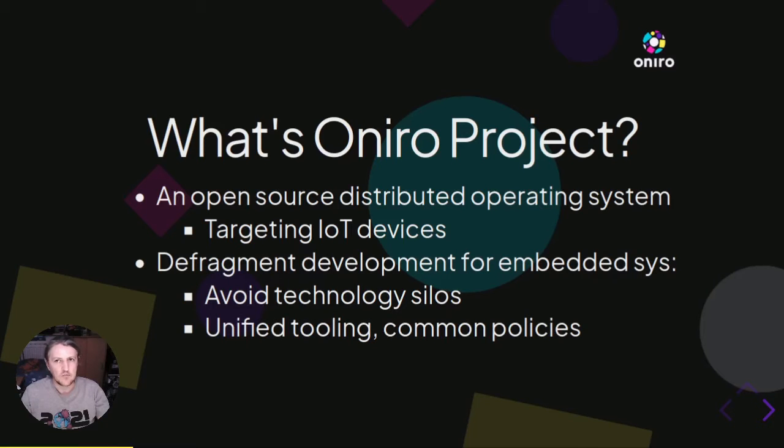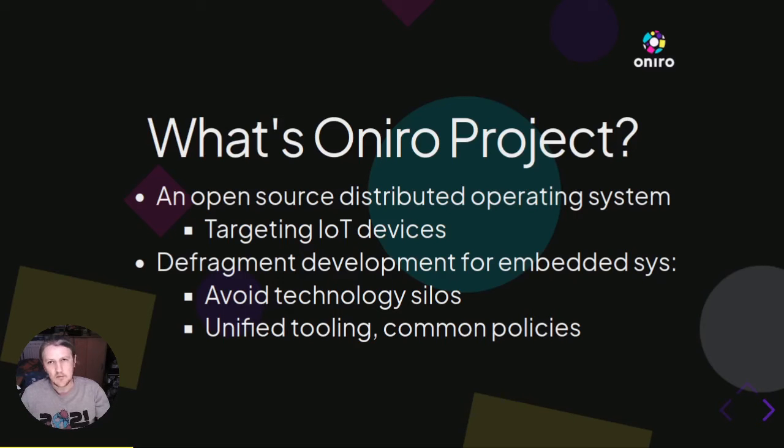Well, we want to defragment the development for embedded systems. We want to break technology silos. It can be a feature of the system, but it can also be the ecosystem for software development. It can be very difficult to move from one platform to another. There are a lot of dependencies that are specific to the platform, and it makes the developer's life quite difficult.